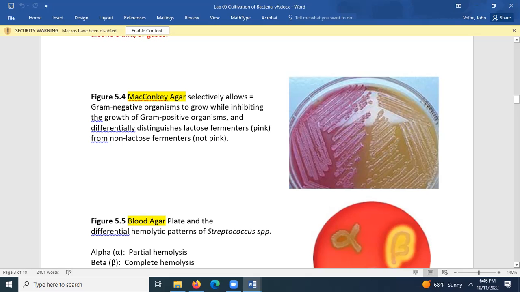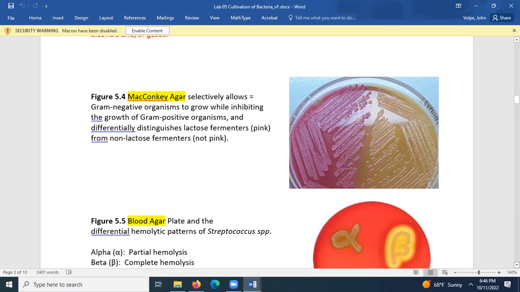Bile salts are in the intestines, and a lot of gram-negatives grow in the intestines, so they're used to growing with bile salts. And gram-positives aren't used to growing around bile salts, so they don't grow with bile salts. All right, so that's why McConkey's is selective.